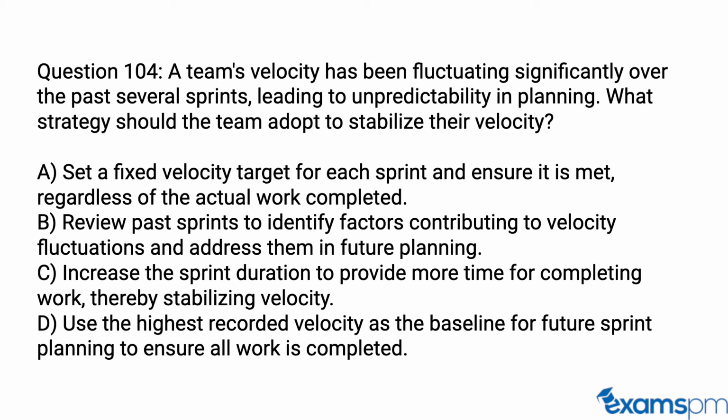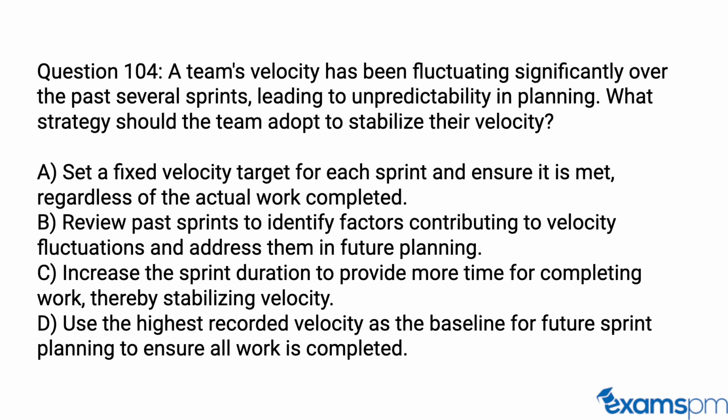Question 104. A team's velocity has been fluctuating significantly over the past several sprints, leading to unpredictability in planning. What strategy should the team adopt to stabilize their velocity? A. They set a fixed velocity target for each sprint and ensure it is met regardless of the actual work completed.